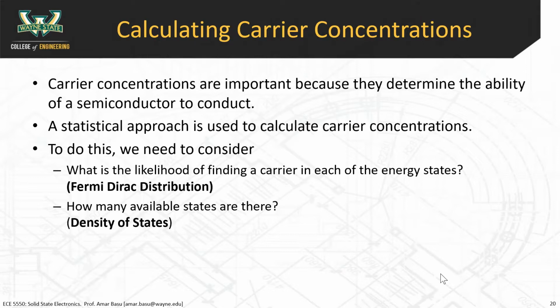How many parking spaces do you have per square meter? That's the density of states, the density of spaces that you have. And the Fermi-Dirac distribution is the probability of finding a carrier in each of those energy states. So the analogy of that would be, what is the likelihood that a parking spot is full?